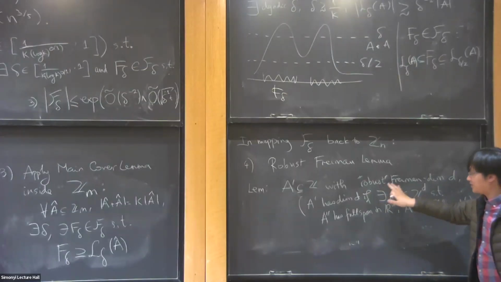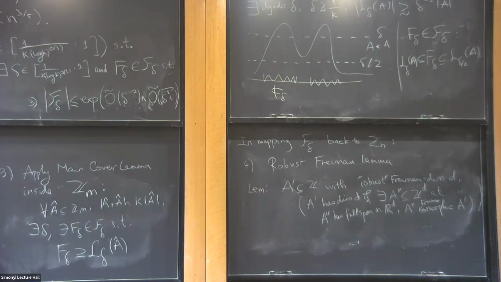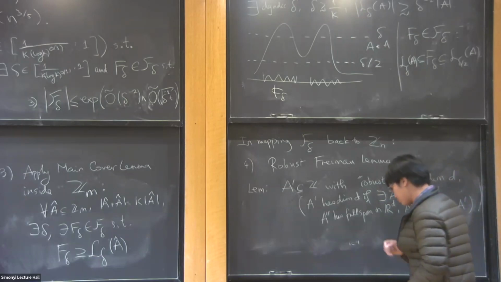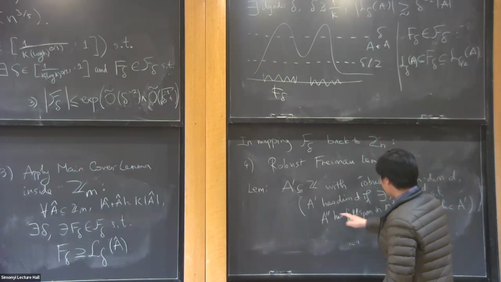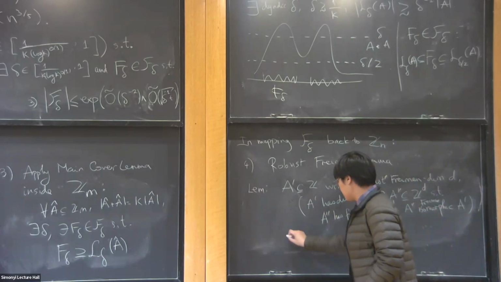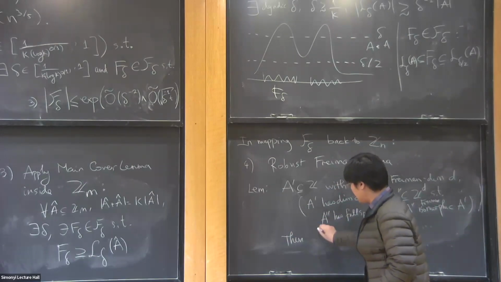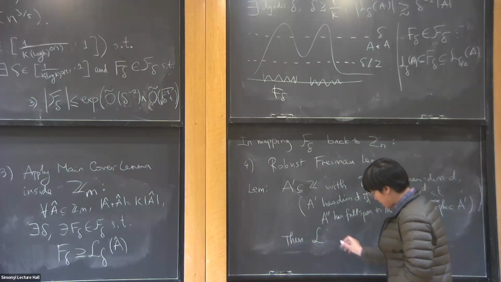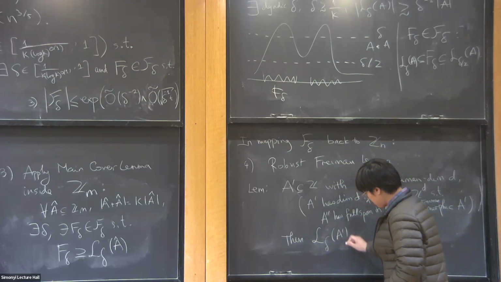And here we want some robustness in terms of this dimension, which just means that if we modify the set A prime a little bit, then the Freiman dimension of the set A prime doesn't significantly change. It's kind of a small technical point. Let's not dwell too much on that. But the conclusion of this assumption that we want is that the level set L delta of A prime will have to be large.